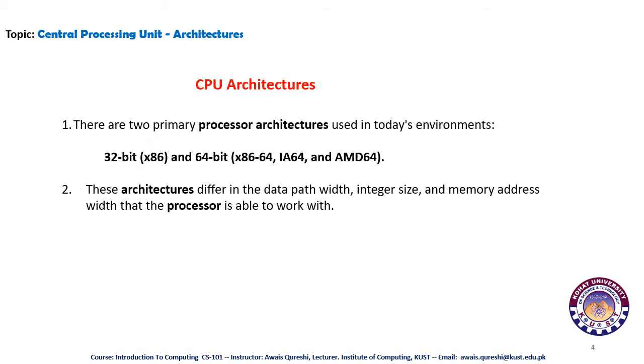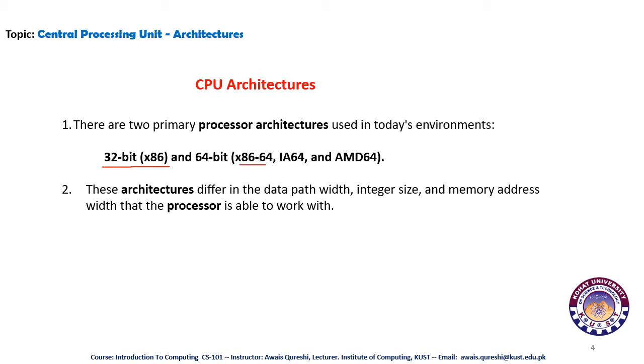So let's move on to CPU architectures. There are two primary architectures used in today's environment. One is called 32-bit architecture. You have installed so many applications on your desktops or on your mobile phones. Almost every software has extensions like x86 and 64-bit.